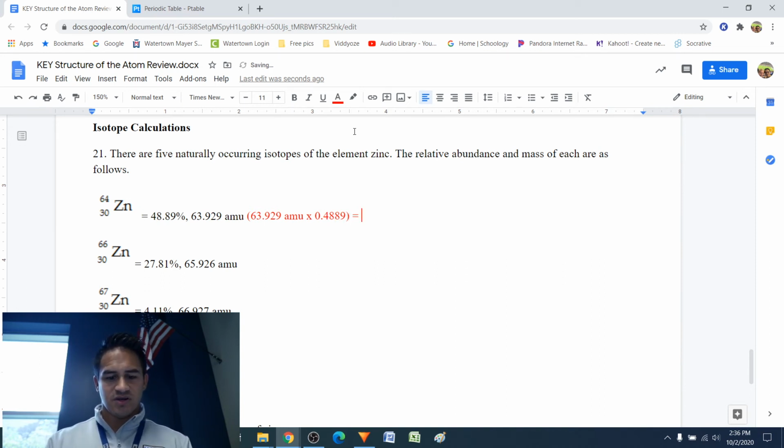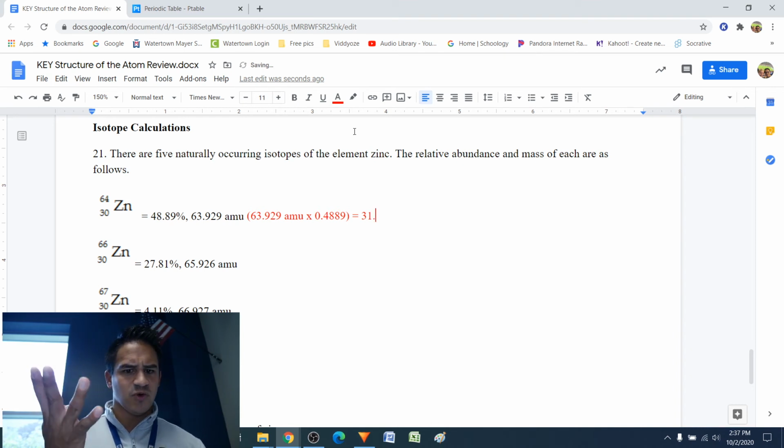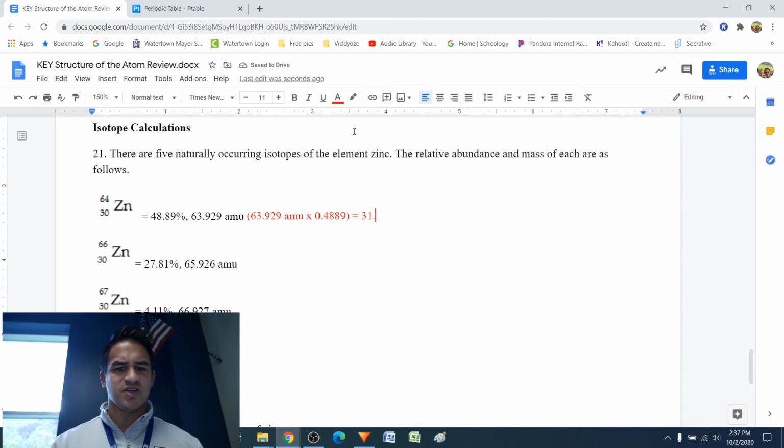Let's do this on my cell phone because it's quicker. 63.929 times 0.4889 gives us, and we'll round to 4 significant figures because the percentage they're giving us is 4 sig figs, 31.25 AMU.